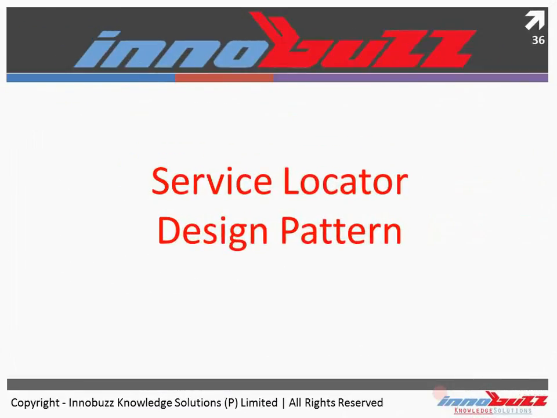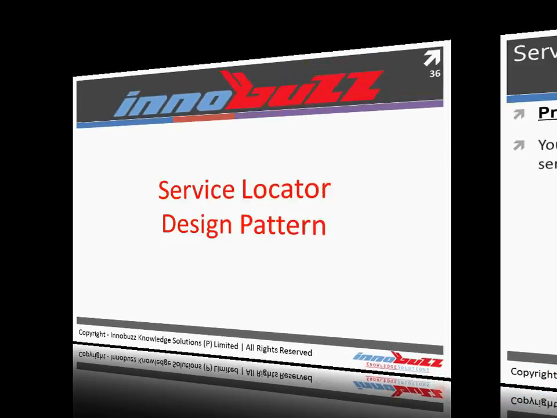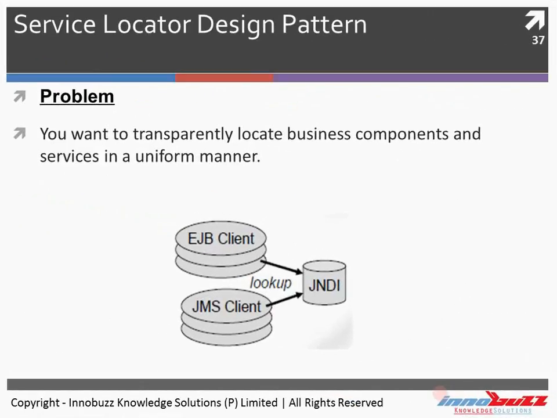Next is service locator design pattern. This is also one of the design patterns applied for your business tier of architecture, that is JEE architecture. So here, suppose a user has a problem, that is, a developer has a problem where he wants to transparently locate business components and services in a uniform manner. So this is an example of JNDI, which will look up EJBs or JMS.